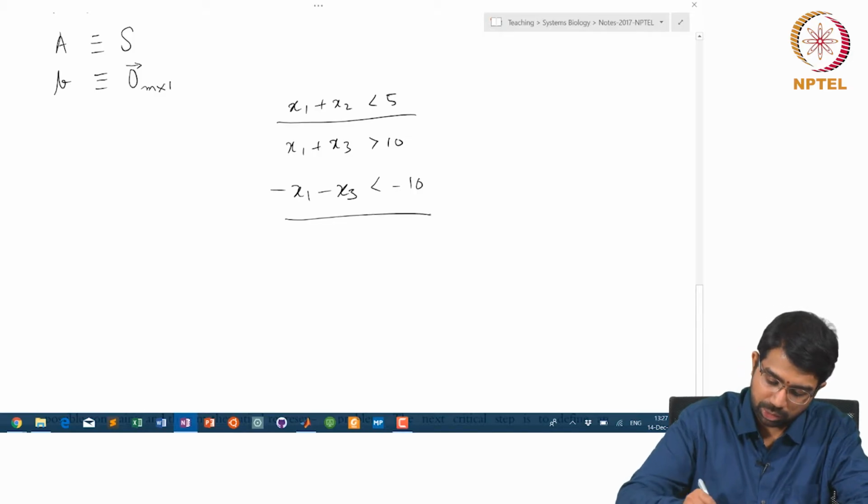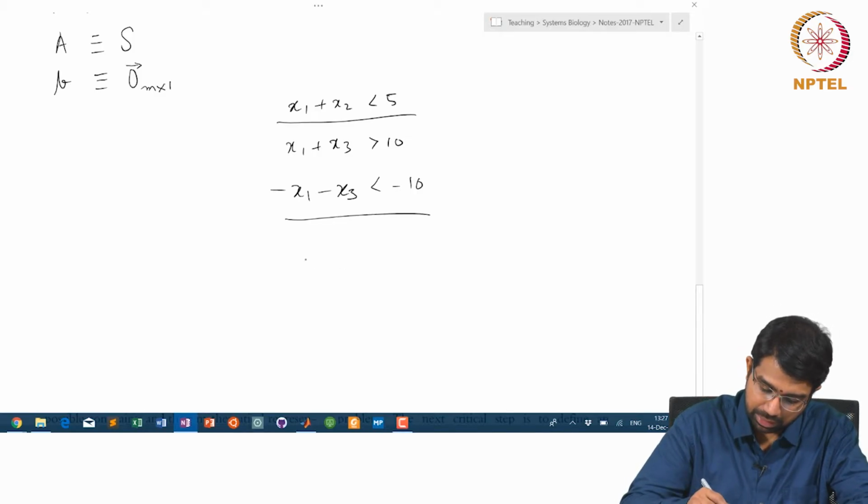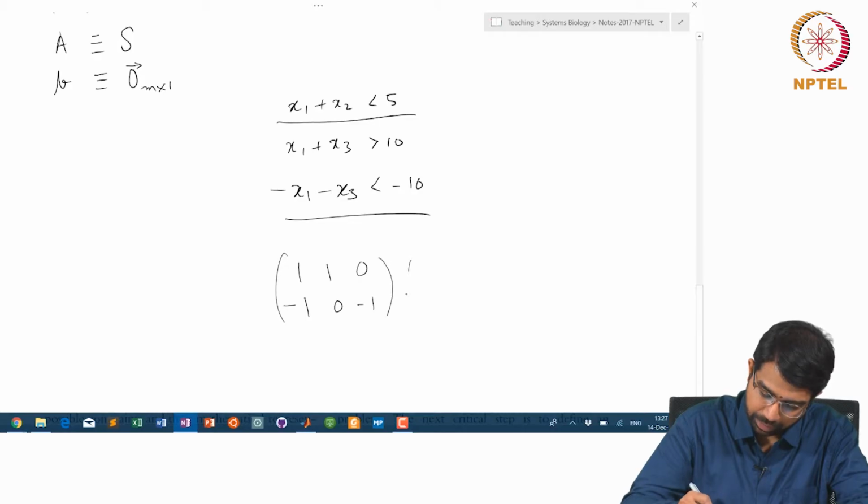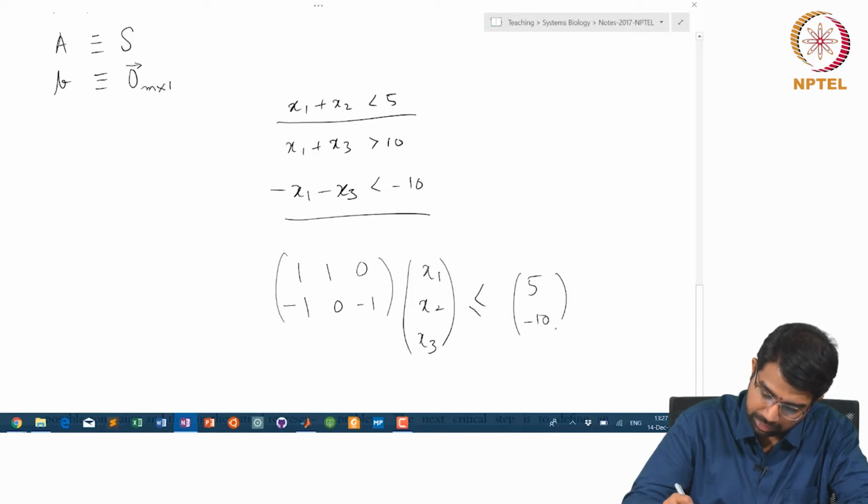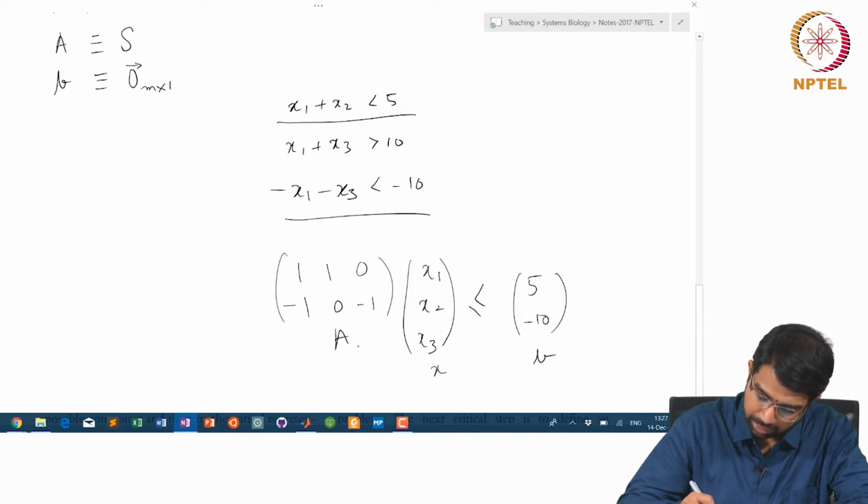Now these two you can stick into a matrix: 1 1 0, minus 1 0 minus 1, times x1 x2 x3, less than or equal to 5, minus 10. That is Ax less than or equal to b.